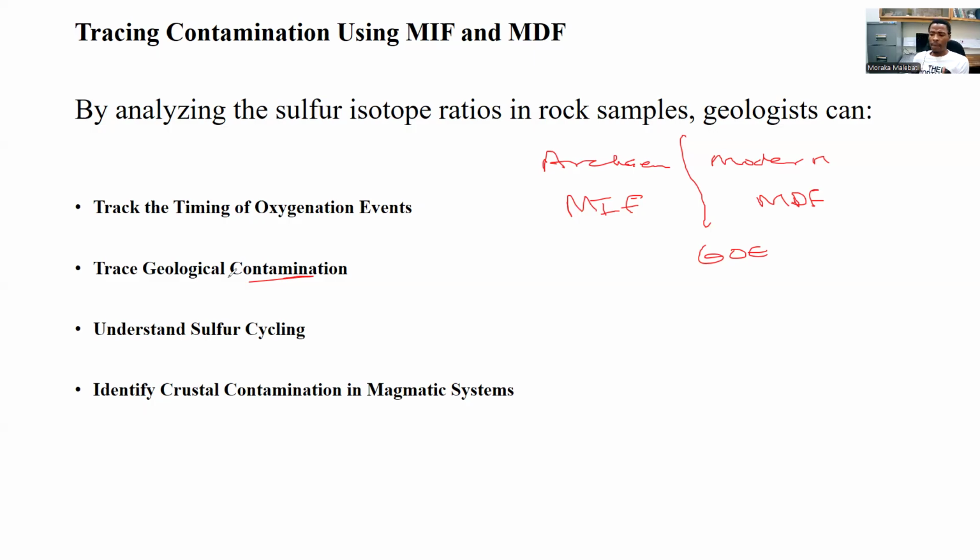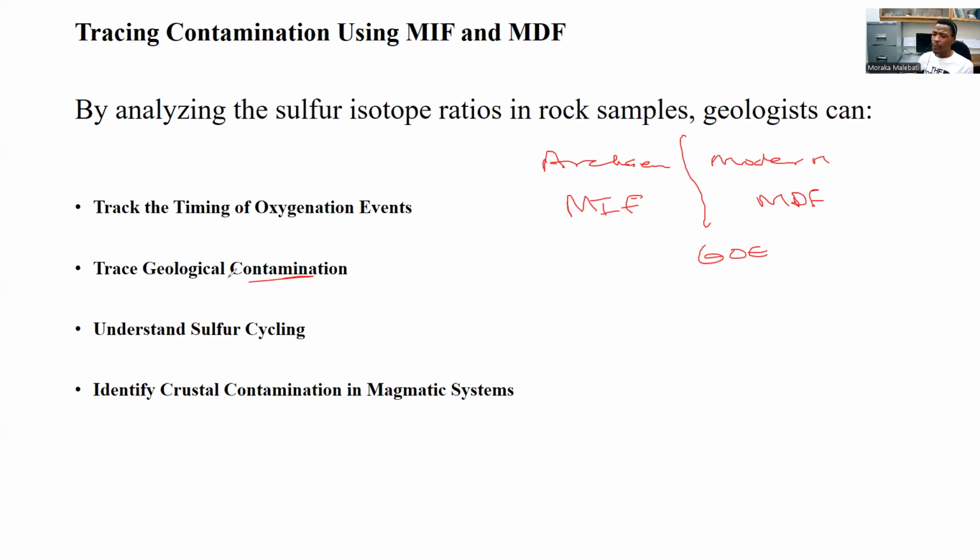So the MIF signals in early rocks would reflect sulfur cycling in a low-oxygen atmosphere, while the MDF after the Great Oxidation Event would reflect sulfur cycling in an oxygen-rich environment. I hope you understand what we mean when we say to understand sulfur cycling.